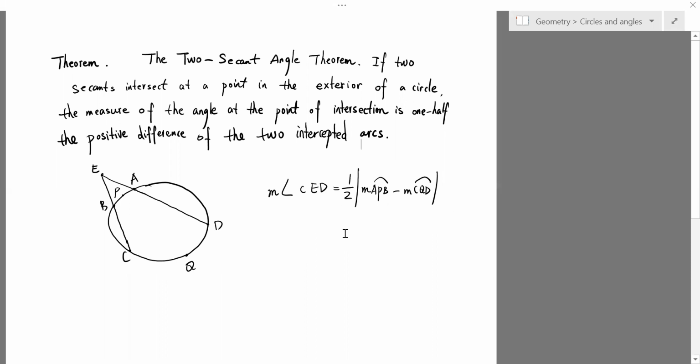But on the other hand, we also observe that the arc APB is a minor arc, while the arc CQD is a major arc. So we could take away the absolute value sign by writing the result as 1/2 of the difference between the arc CQD, which is the major arc, and the measure of the arc APB, which is the minor arc.